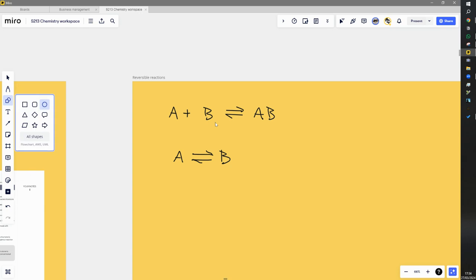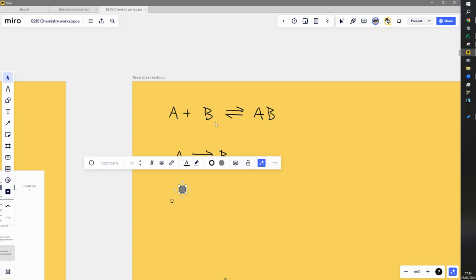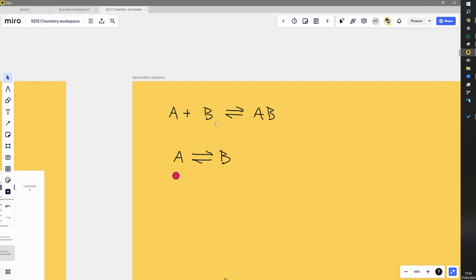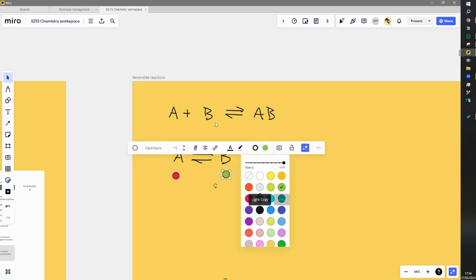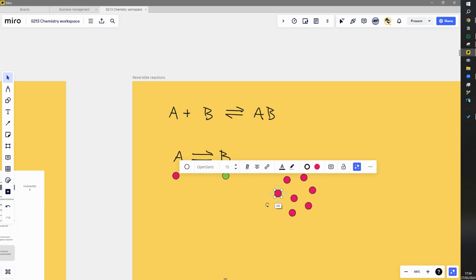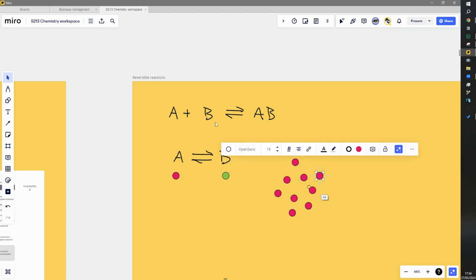The way that we'll demonstrate this with a diagram is we'll say A are these little pink circles, and B will be these little green circles. We start off with loads and loads of pink circles, a load of whatever A is.